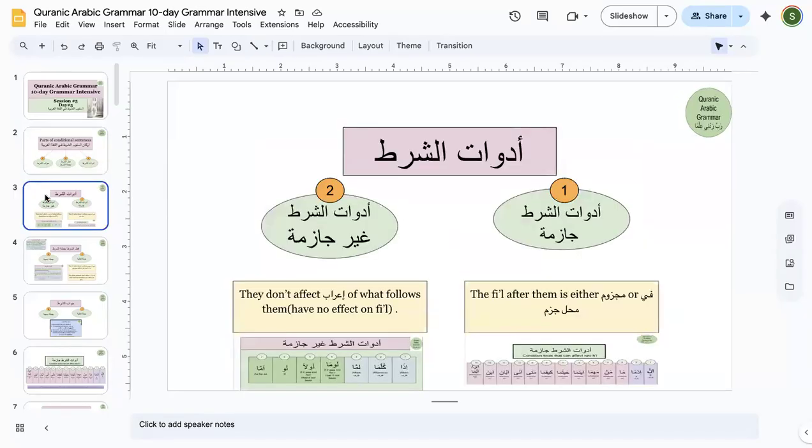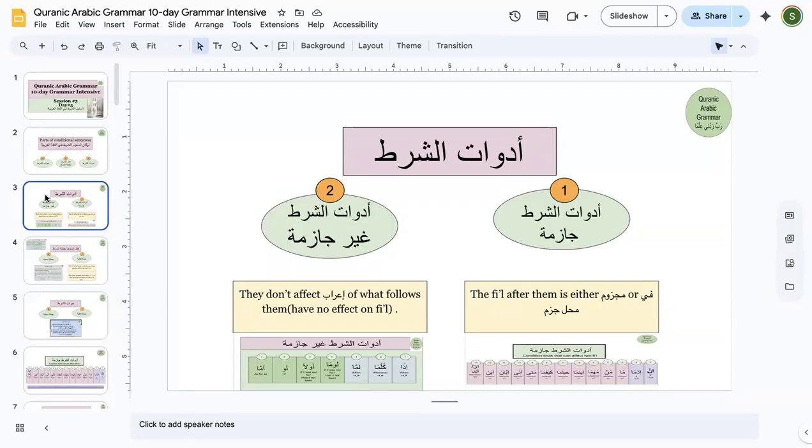Okay, now see, when you have adwatu shart, you can classify adwatu shart into 2 types. They are going to be adwatu shart jazima, and adwatu shart ghair jazima. So adwatu shart jazima, what does the word jazima mean? Anyone can answer that for me?